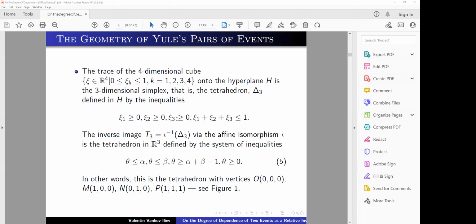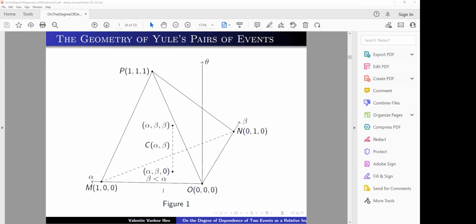And the inverse image of this tetrahedron delta 3 is, of course, another tetrahedron, I denote it by T3, and translating those formulas in the language of alpha, beta, and theta, you get this. In other words, this is the tetrahedron with vertices 0, 0, 0; 1, 0, 0; 0, 1, 0; and 1, 1, 1. And this is this tetrahedron.